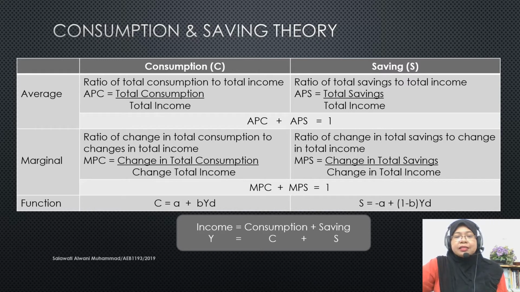B is MPC, meaning in the function of S, we have 1 subtract B. Okay, by looking at the equation MPC plus MPS equal 1, so 1 subtract B in saving functions means the amount of MPS. Okay, so how to get income? We can get the amount of income by adding consumption with saving.